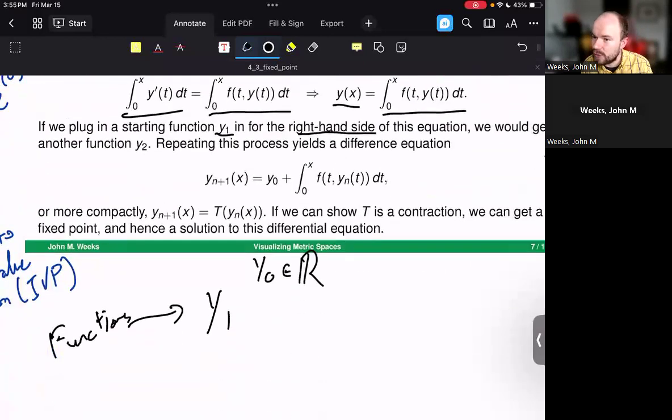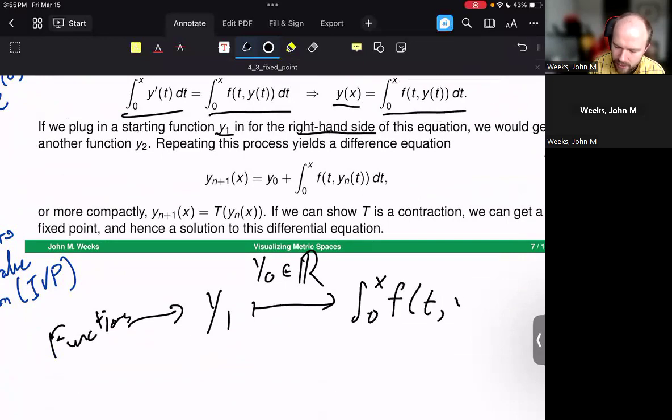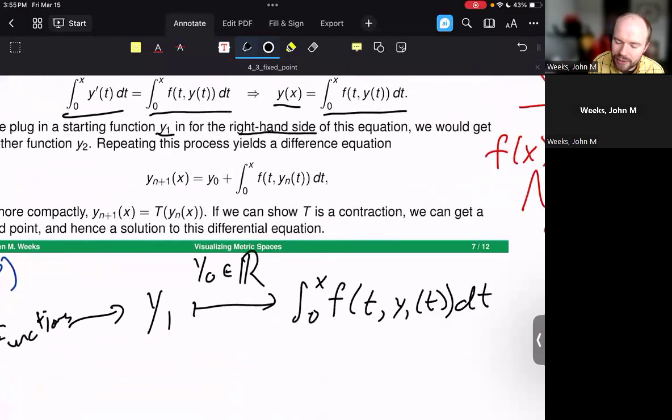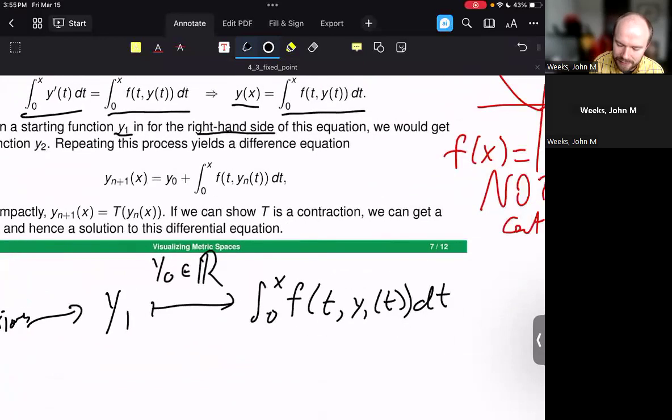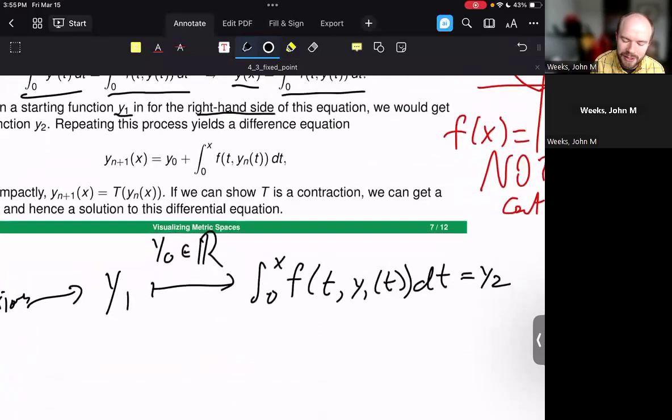If y sub 1 is close enough to our solution, or what we think our solution should be, then mapping it through this function here, the integral from 0 to x of f of t comma y1 of t dt, then what we're going to get out of that is another function, because we're integrating this and putting a variable back in, that variable being x. And that's exactly what we're going to call y2.